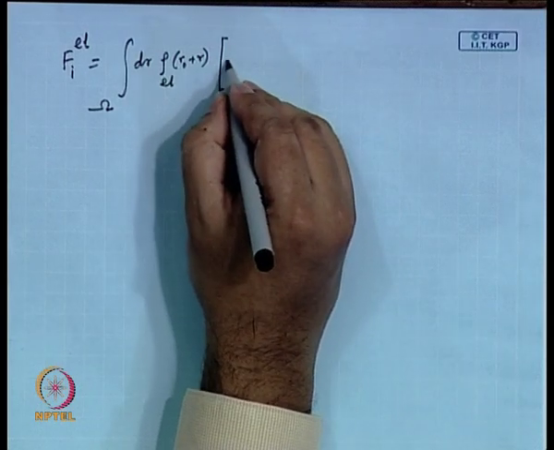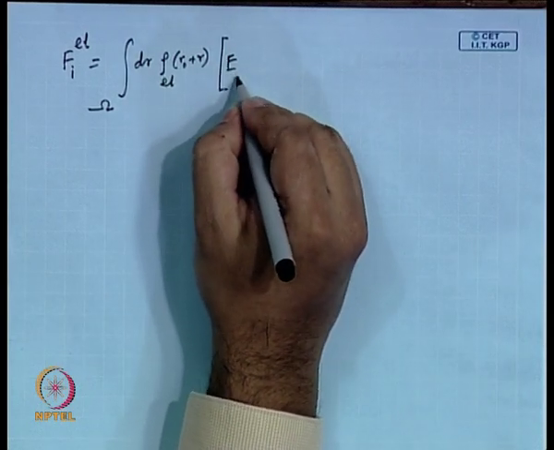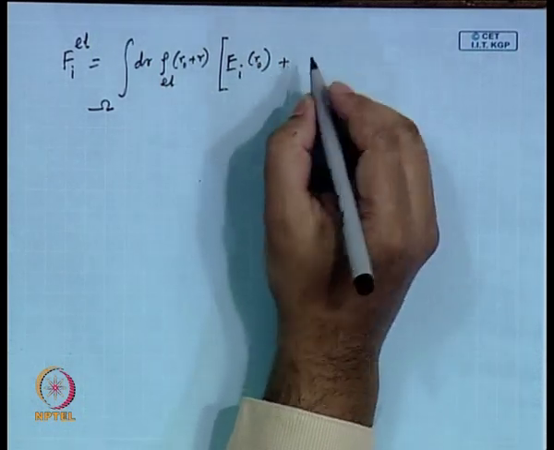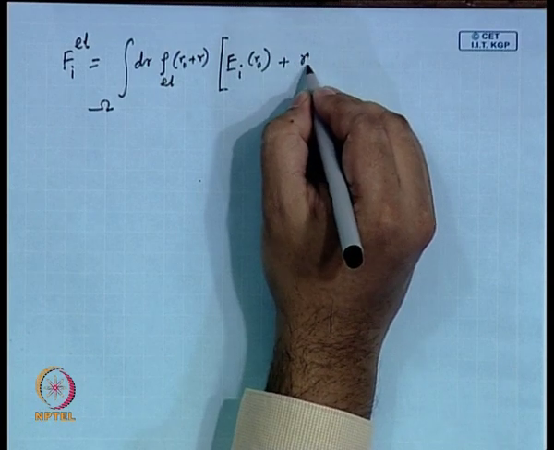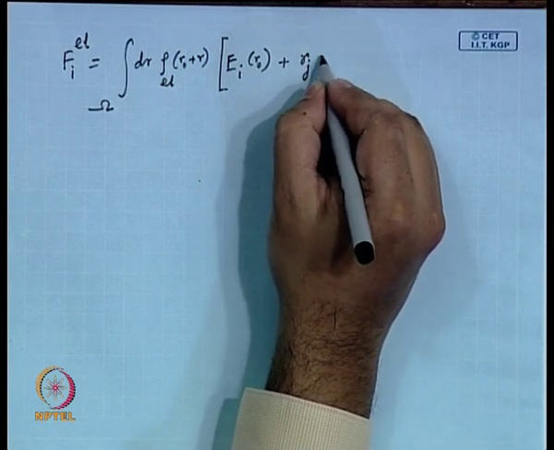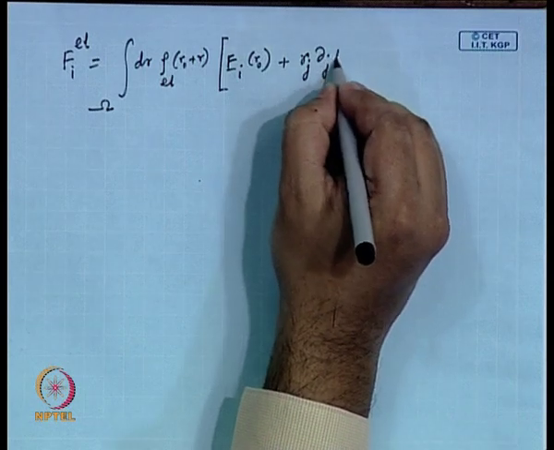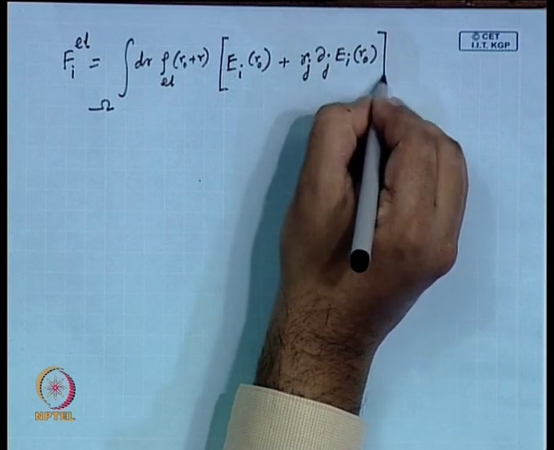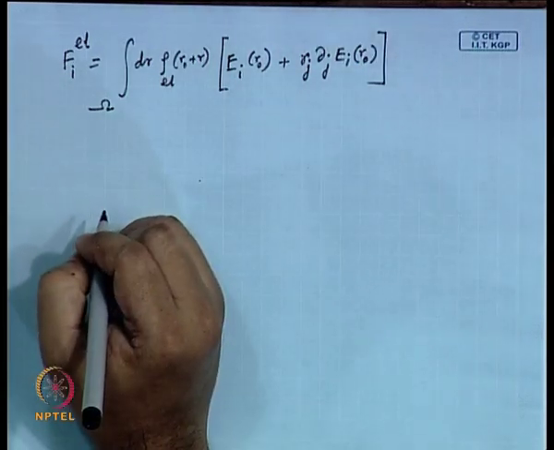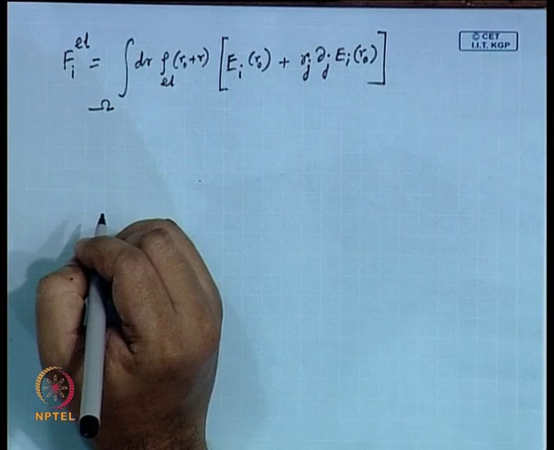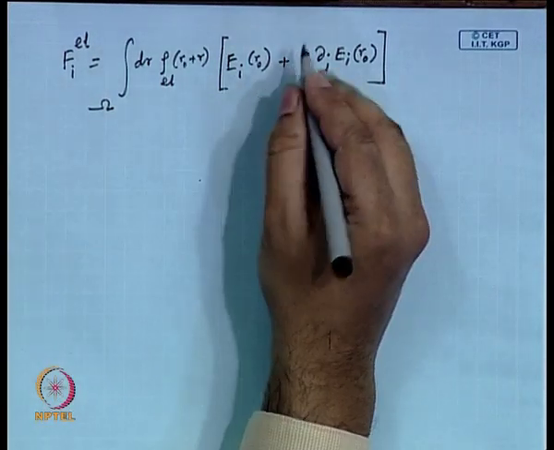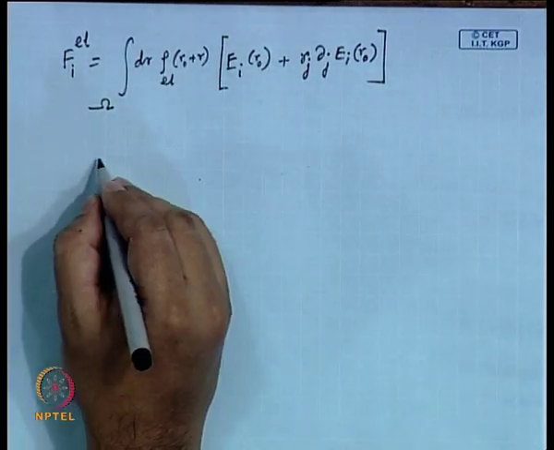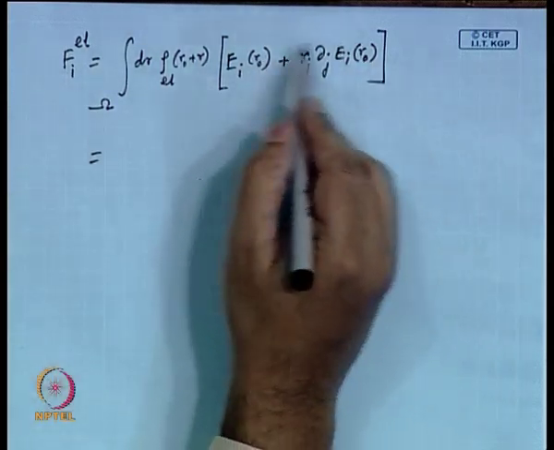You are expanding the E term around r0. Let me write the next step also, then I will get back to how we expanded this.